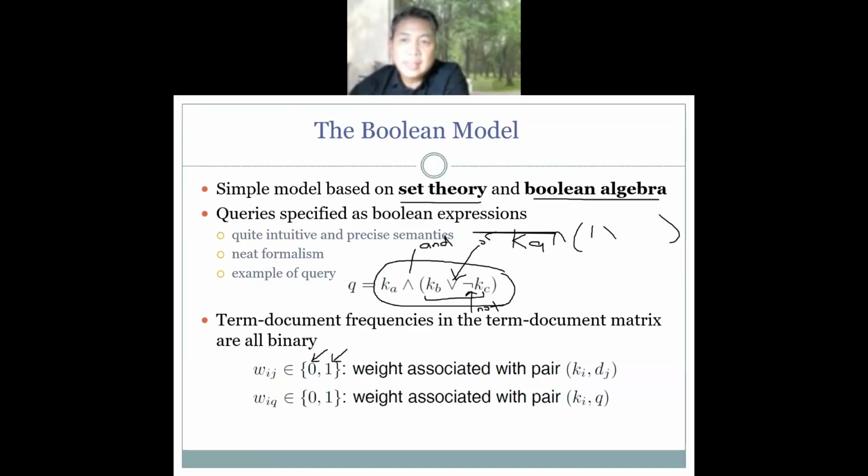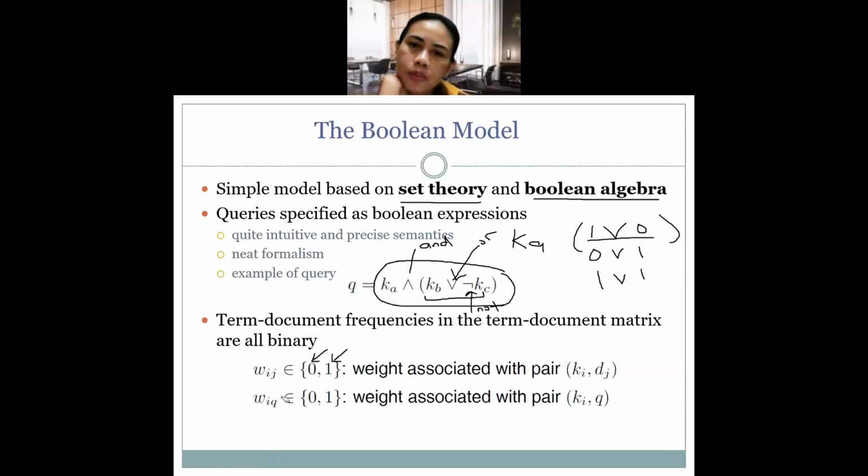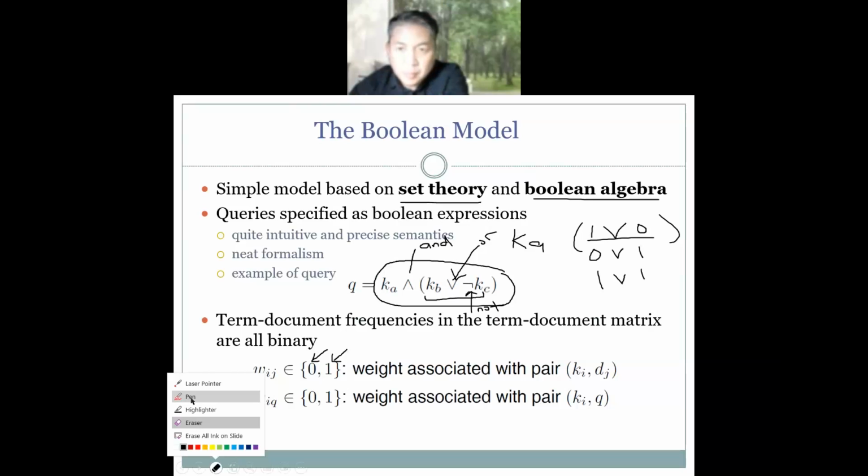So you could have something like this, 1 or 0, this expression will give you 1, or 0 or 1, or 1 or 1. So either one of these expressions will give you true because they use OR here.